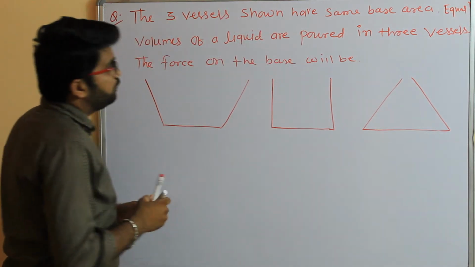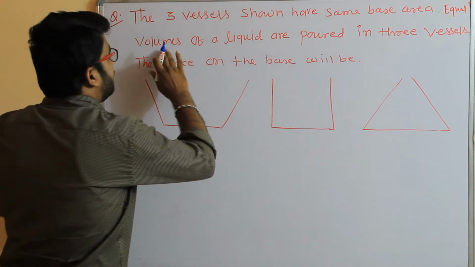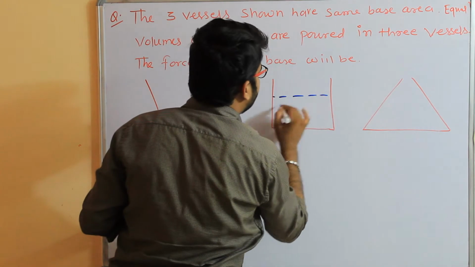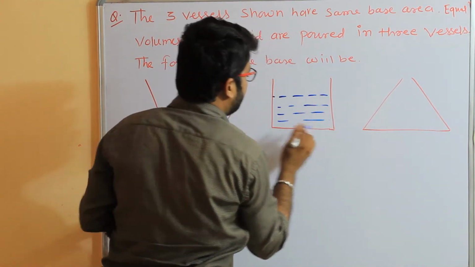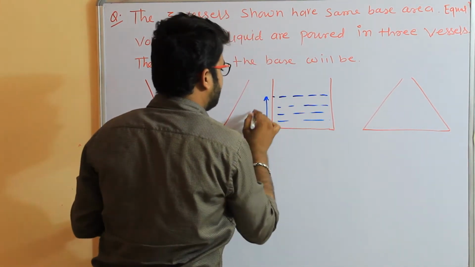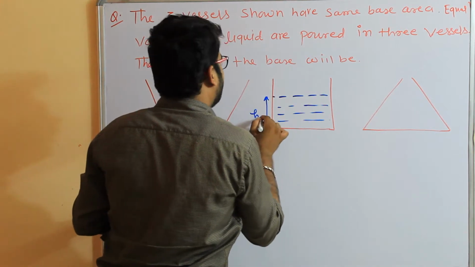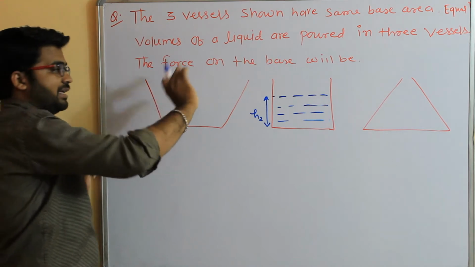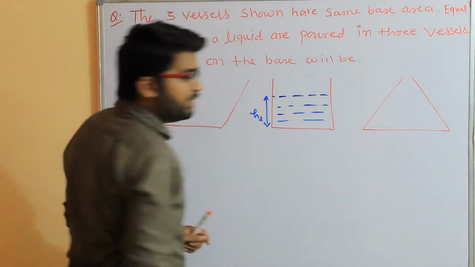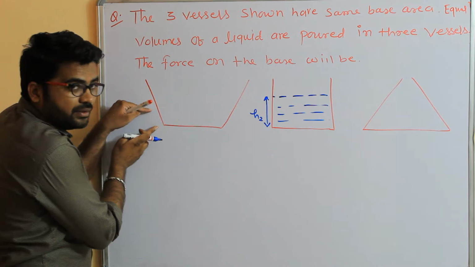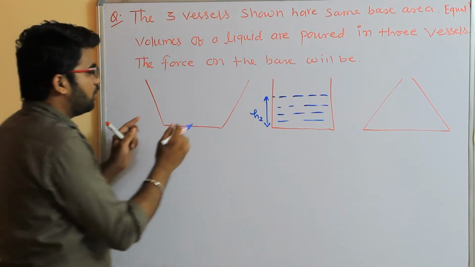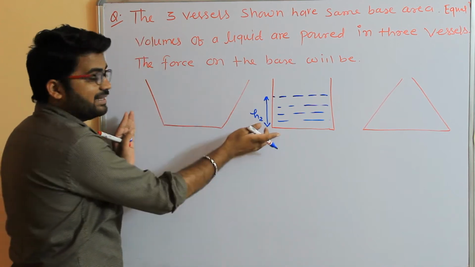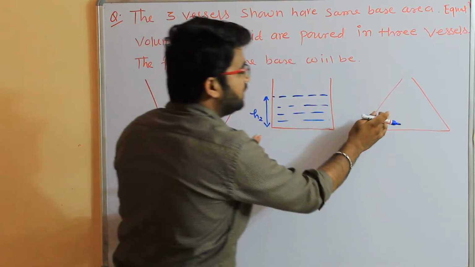So if we pour equal volumes of liquid, let us consider this is the liquid. Now if I pour it and consider the height as H2, right? Now if I pour the same volume over here, obviously the height of this will be lesser than this, and the height of this will be greater than this.